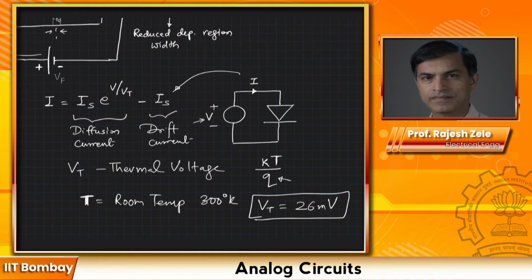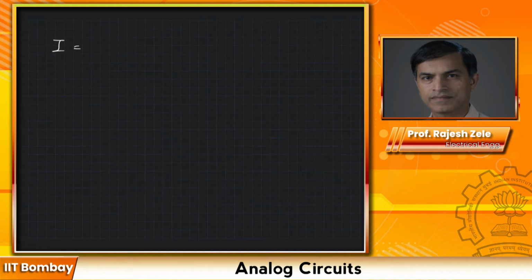Let's go back to our equation here, the diode equation, and see if it's really doing what we think. Is it really modeling the whole phenomenon, the reverse bias and forward bias? Okay, so I is equal to Is exponential V divided by Vt minus 1.